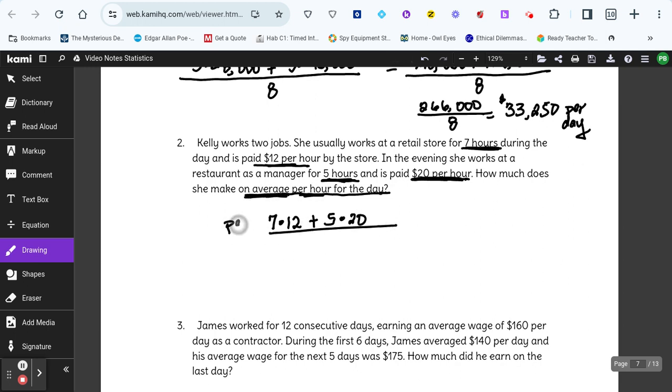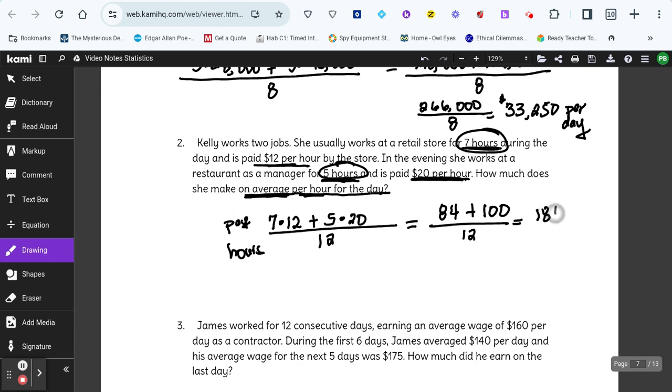So this is going to represent our pay, and on the bottom, we need to put the number of hours. She worked 7 hours and she worked 5 hours, so throughout the day, she worked 12 hours. So I have 7 times 12, which is 84, and 5 times 20, which is 100, divided by 12. So I get 184 divided by 12.